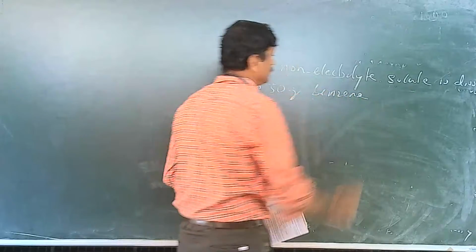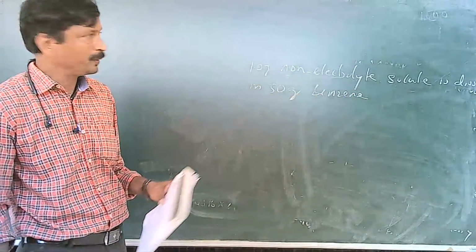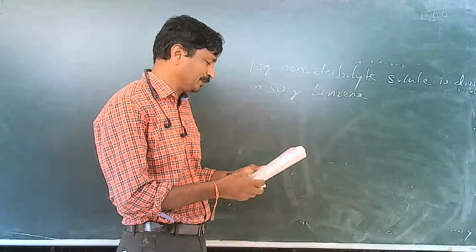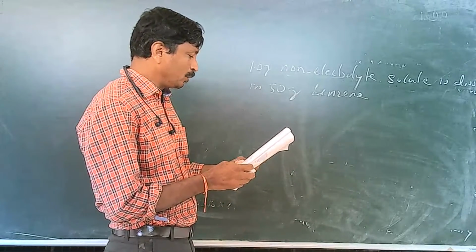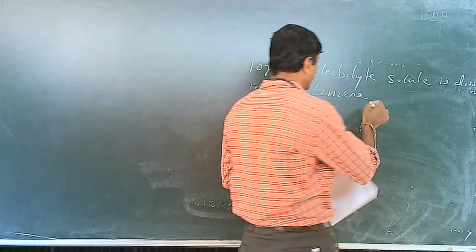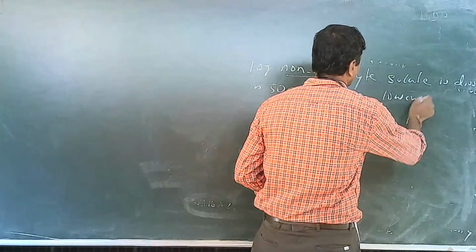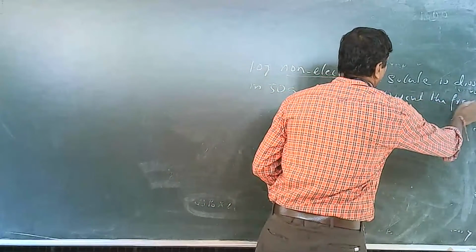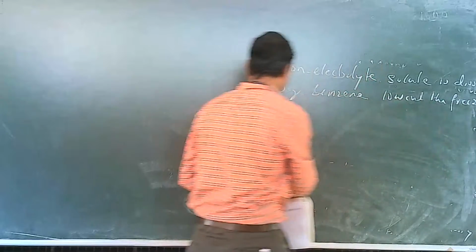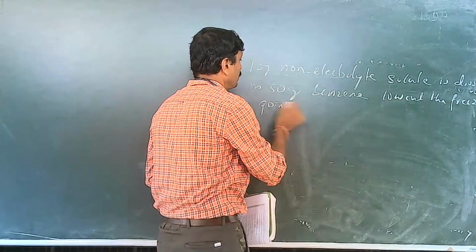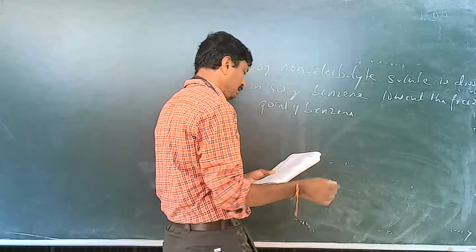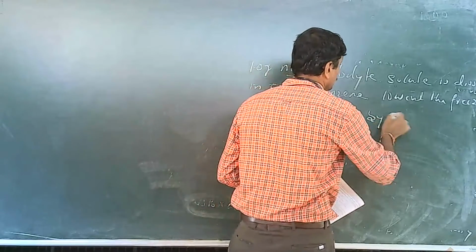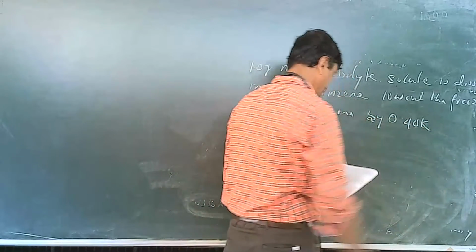Here again the solvent is benzene; in all three problems we have discussed the same solvent, benzene. It lowers the freezing point of benzene by 0.40 degrees.